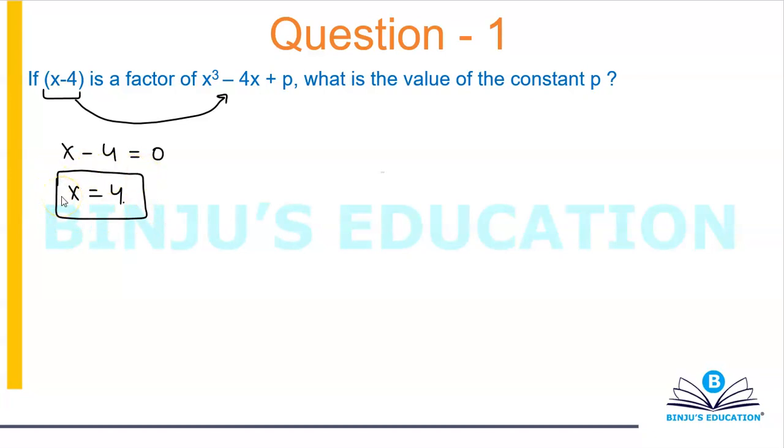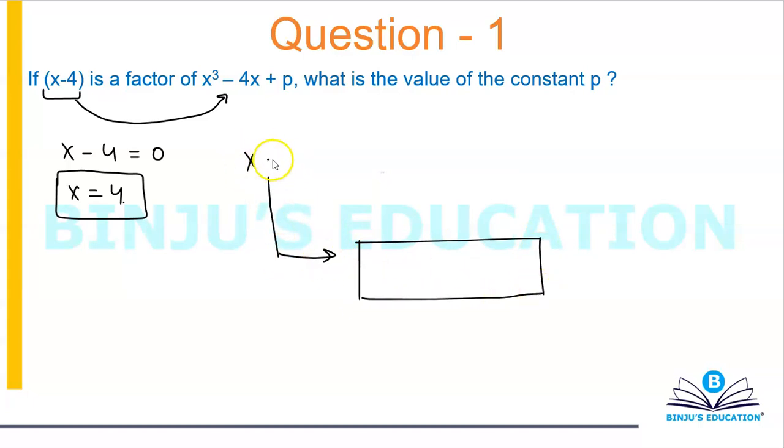If x minus 4 is a factor of this polynomial, then that basically means that when your input value is x equal to 4, then your output is 0.